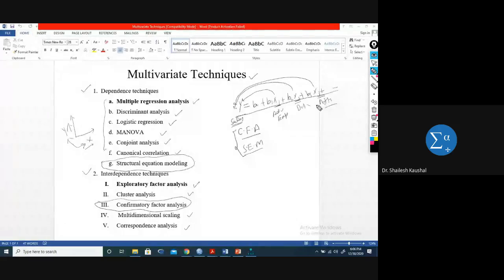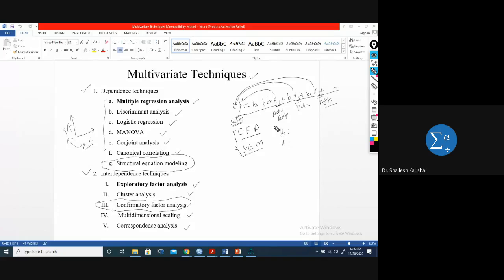We want to know whether these independent variables significantly contribute to the dependent variable or not.